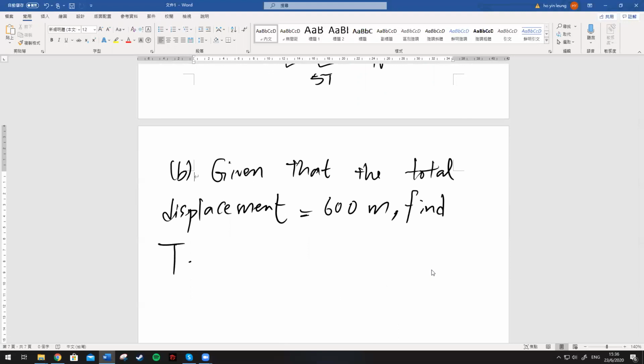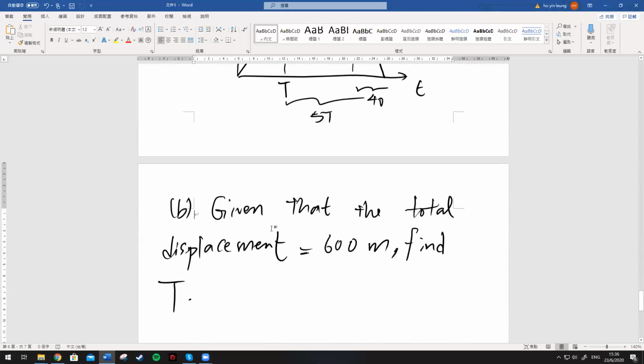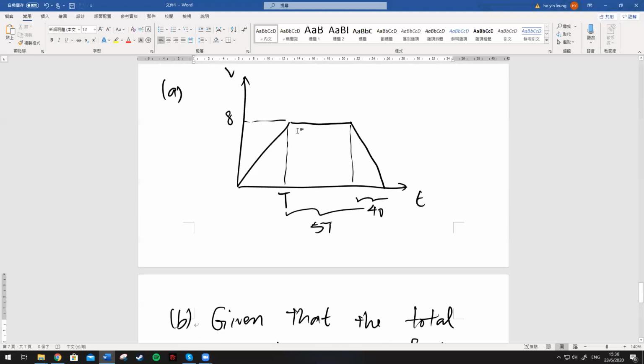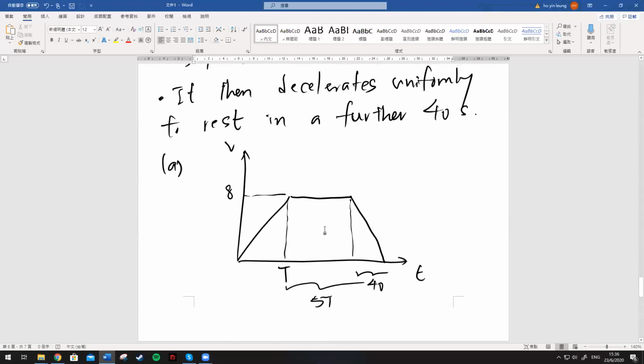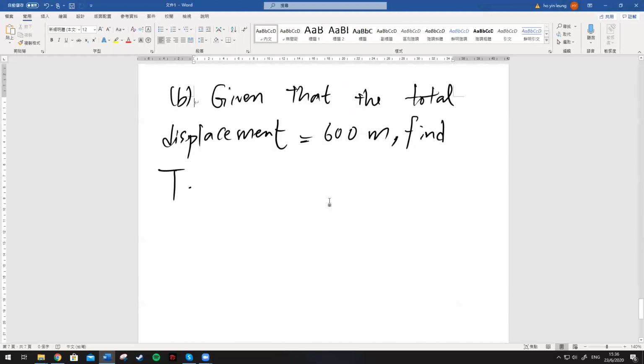So we just refer to this graph and find the total area under the graph. Wait, is the displacement just the area of the whole thing? Yes, it's the area under the graph because velocity is always positive here. Okay.